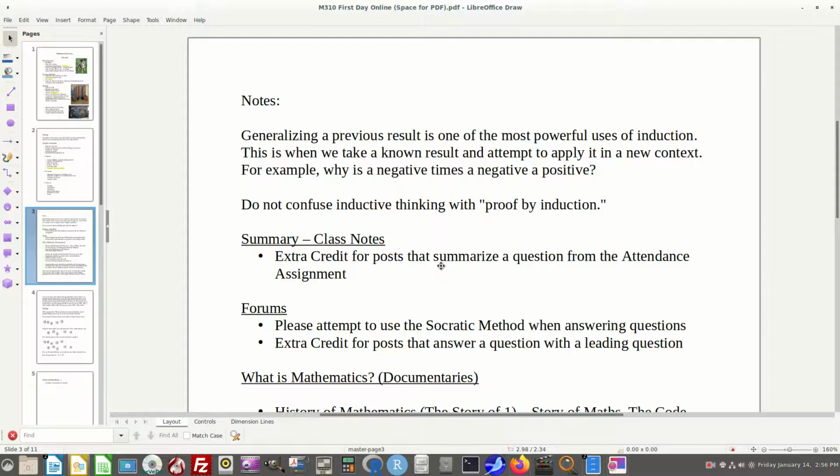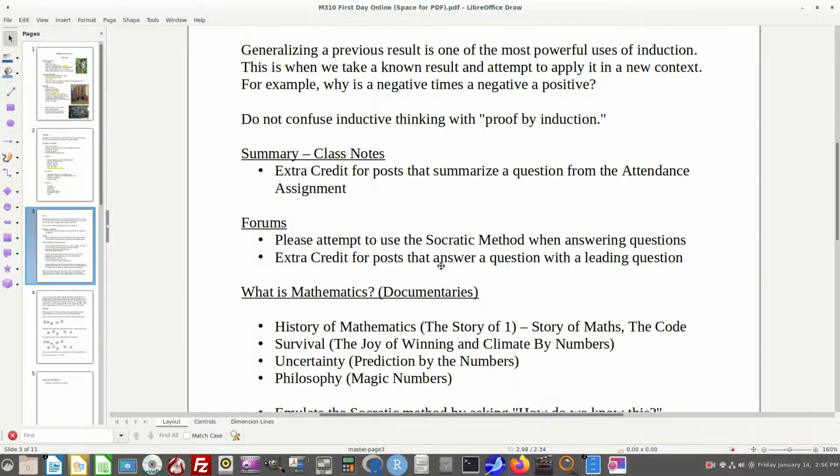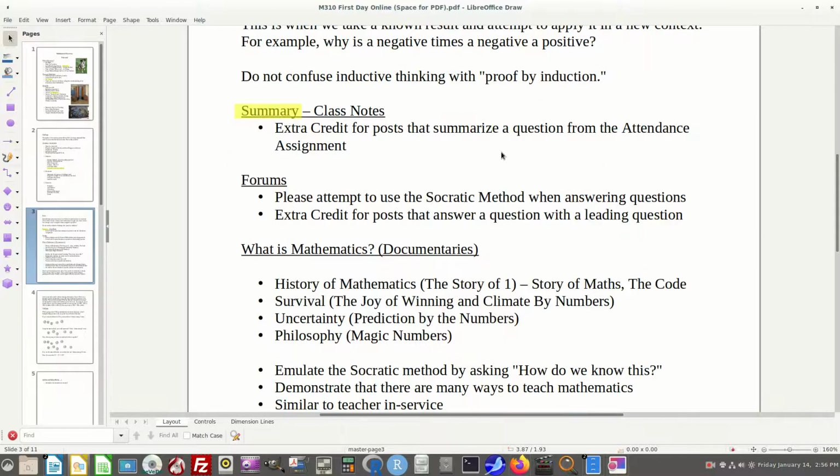One of the places that you can get extra credit is to summarize the results that we have in the class notes. This is an excellent way for you to study yourself, but it's also an excellent way for you to help out your classmates, and there'll be extra credit for that. There will also be forums.